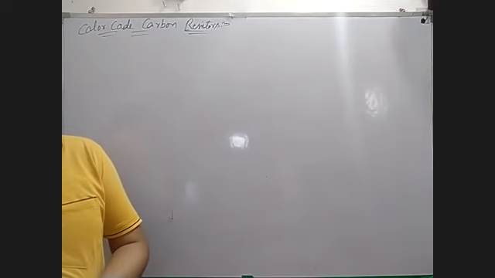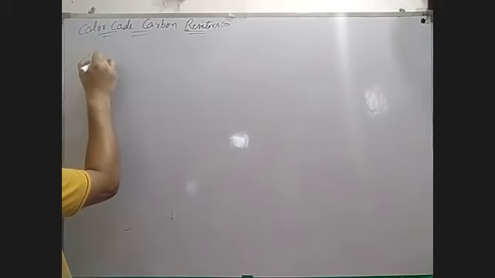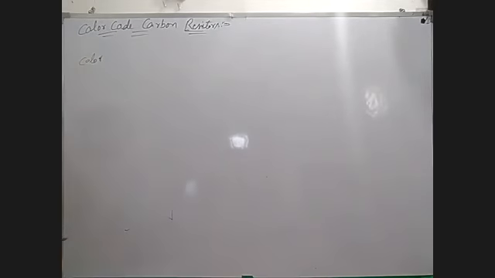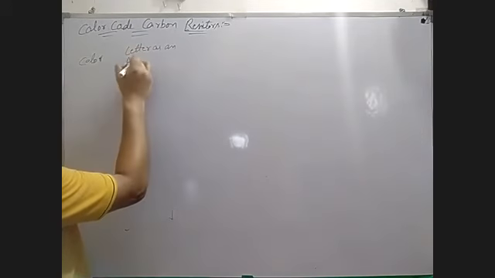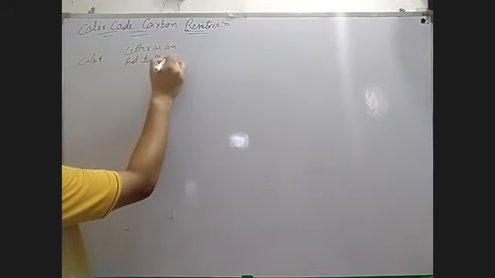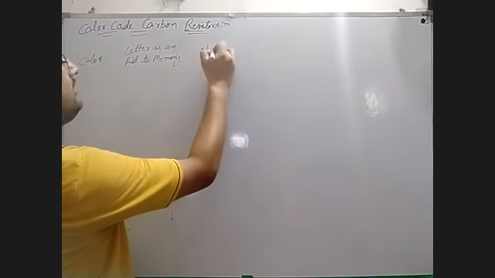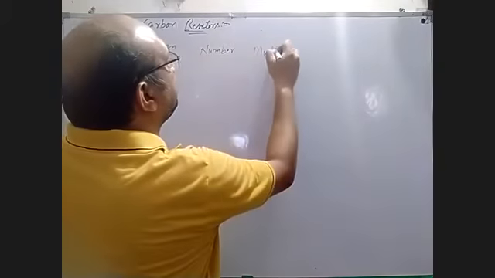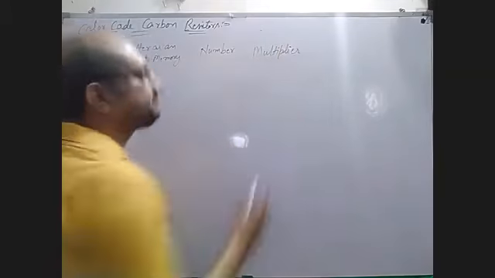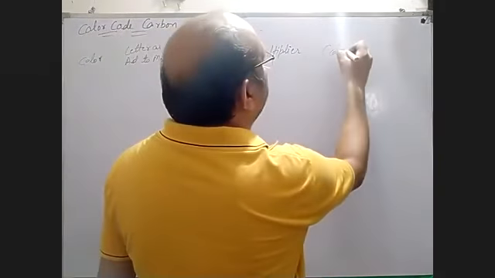But firstly, you should note down: make the first column for color, the second for letter as an aid to memory, the third for number, and then the multiplier, and next color and tolerance.